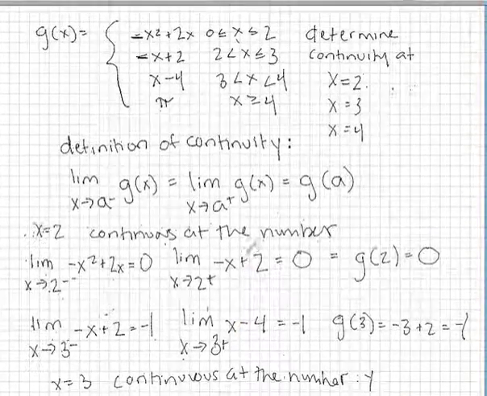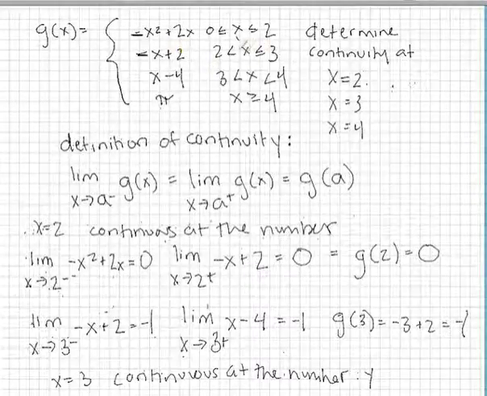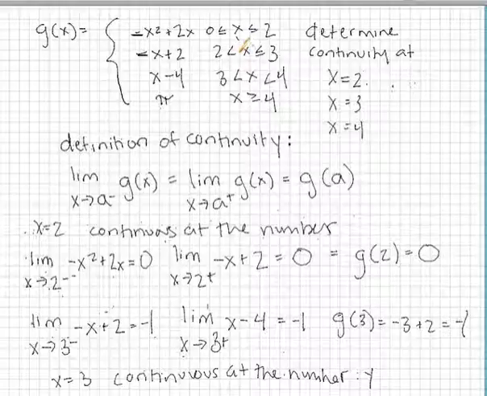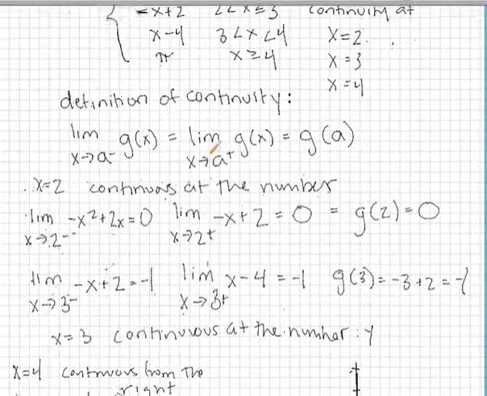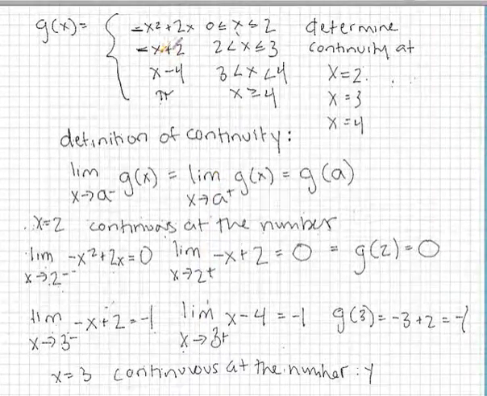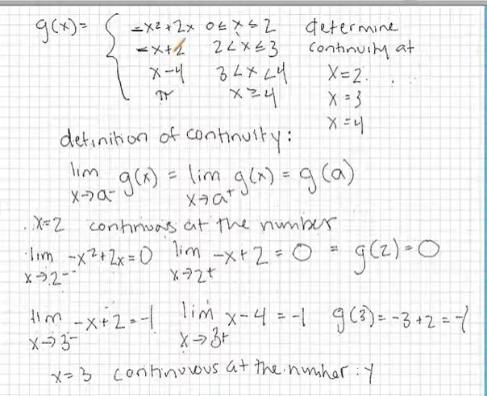Let's look at the next piece of our function. This goes from x is greater than 2. So I'm going to start there, and then I'm going to x equals 3. So I'm going to put a closed dot at x equals 3 at the place where my function stops. Let's figure out what it looks like from x equals 2 to x equals 3.